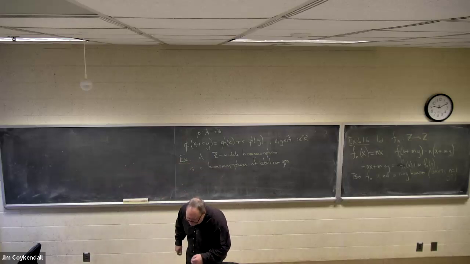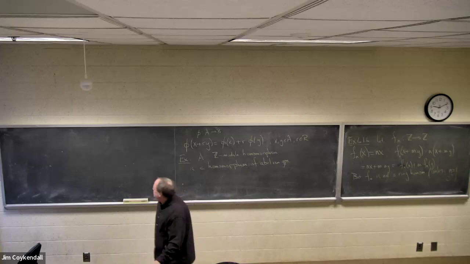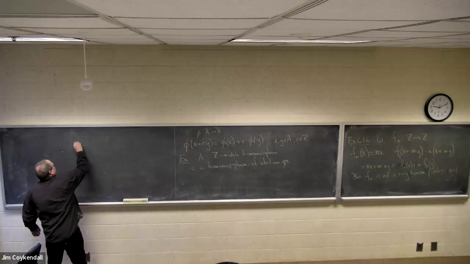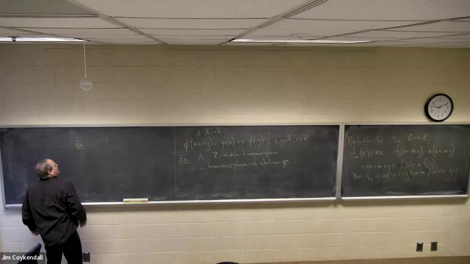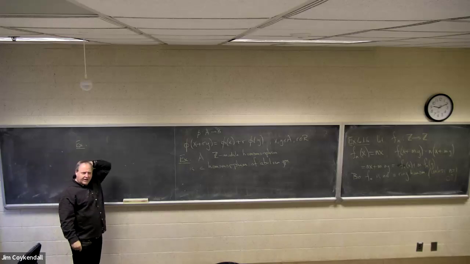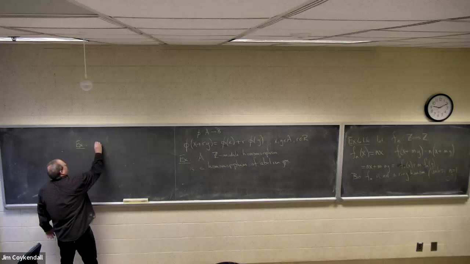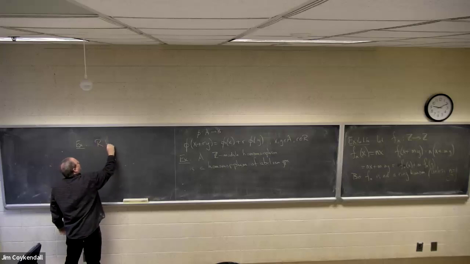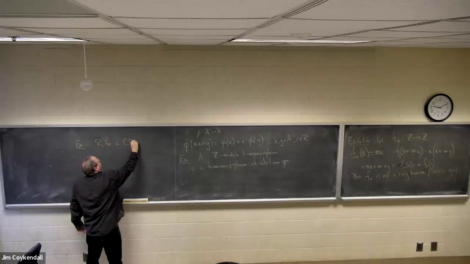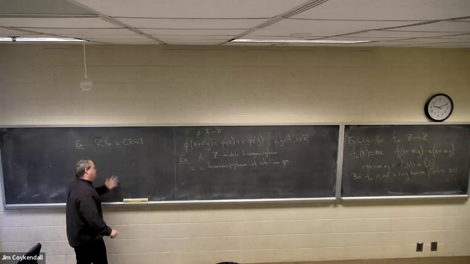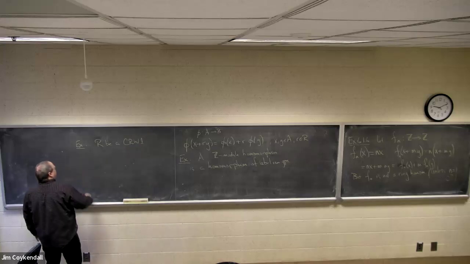Here's another example, and this shows kind of a theme of some of these R module homomorphisms. Let's let R be a ring with one. You can generalize this, but I'm a lazy man.